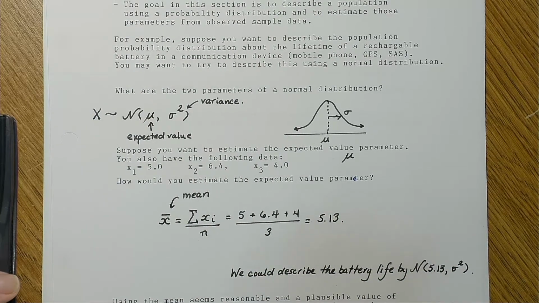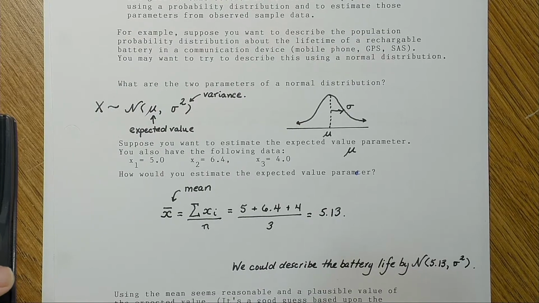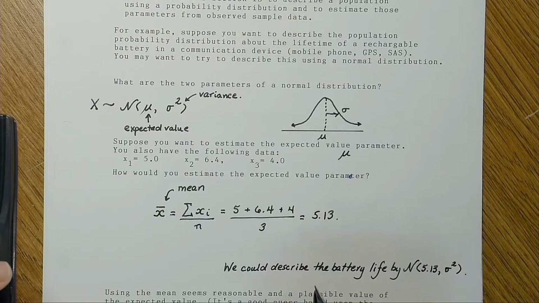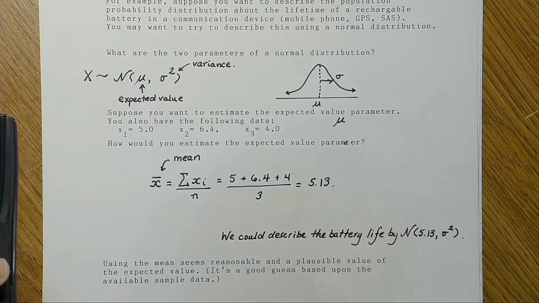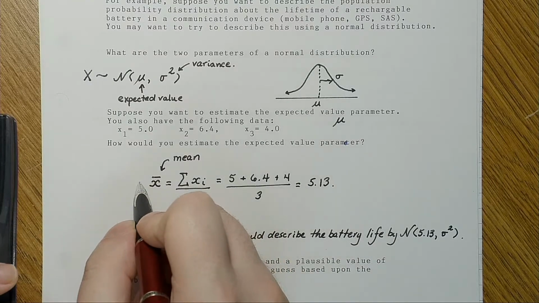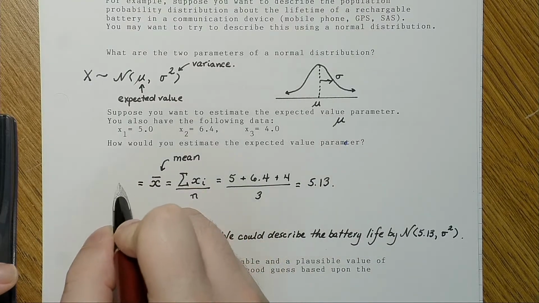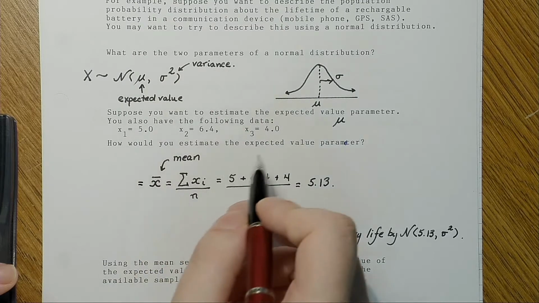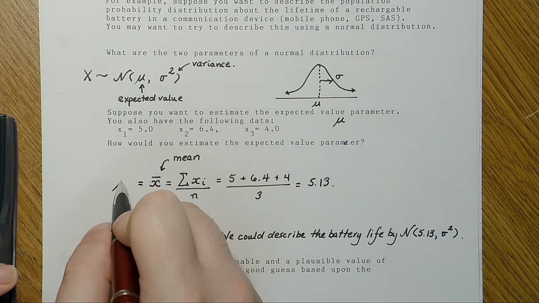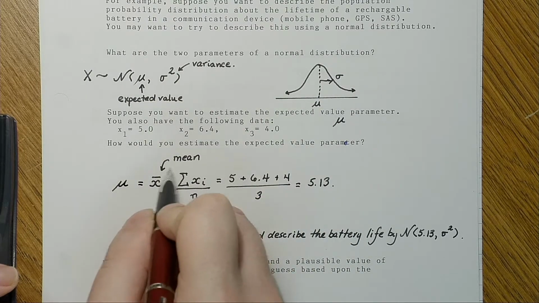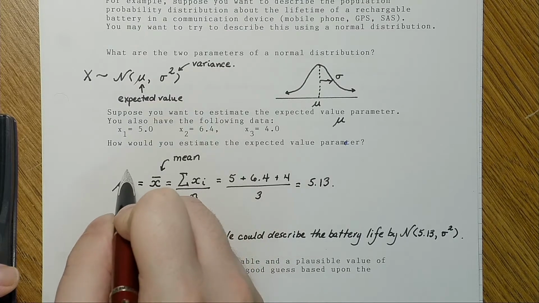It's customary to use a symbol with a hat. Whenever we're trying to estimate the parameter, it's not mu. So mu is not equal to the mean. Instead, this is the estimate.